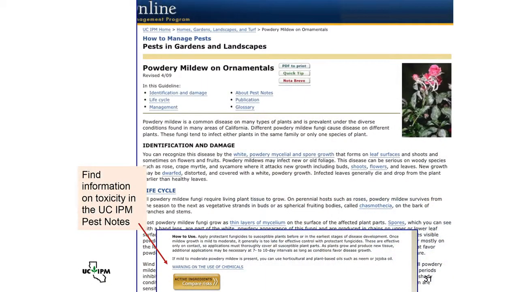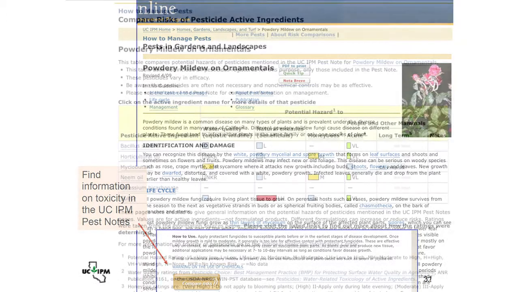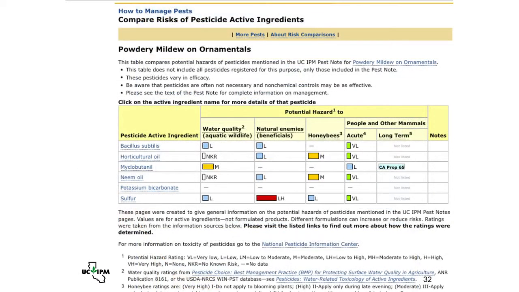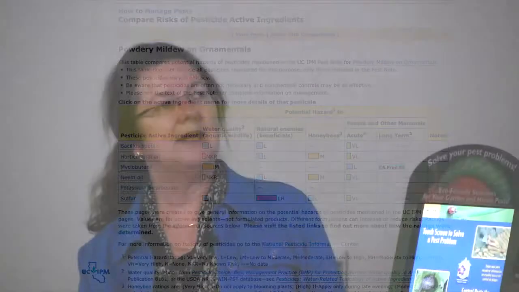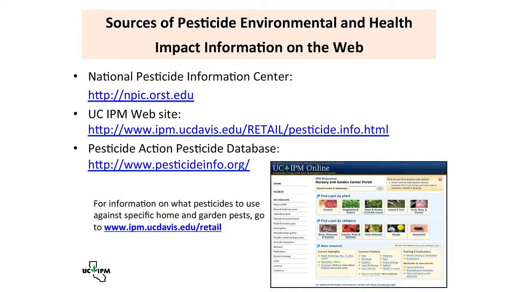So we're going to look at the toxicity information when we look at the website, but on our website you'll be able to compare risks of pesticides suggested there for water quality, natural enemies, honeybees, and people, and we'll look at that this afternoon. And these are some sources of pesticide information on the web.